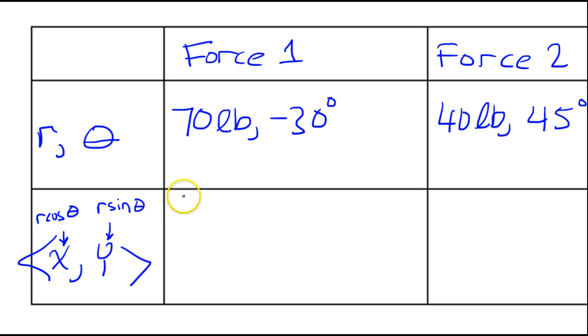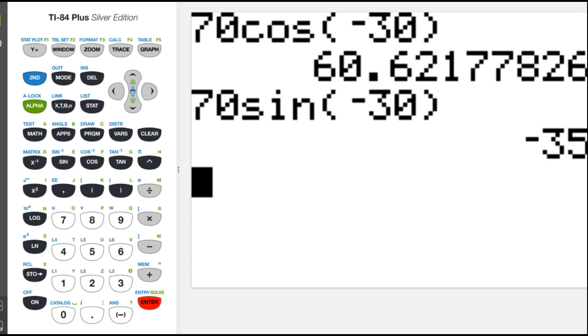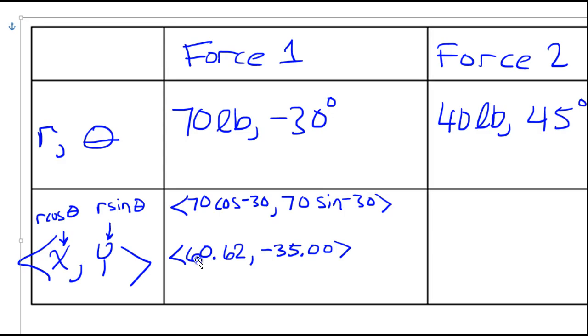So if I want the component form for the first force, I will do 70 cosine negative 30 and 70 sine negative 30. So that gives us a horizontal component of 60.62 and a vertical component of negative 35 exactly. And we just record that information on the chart right here.